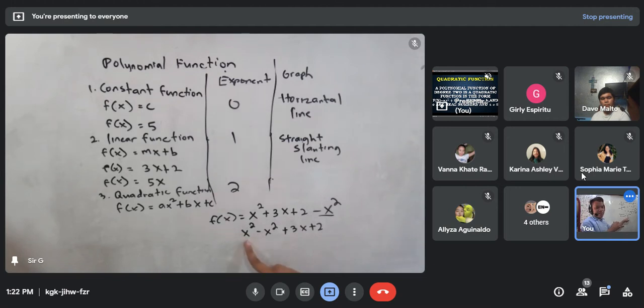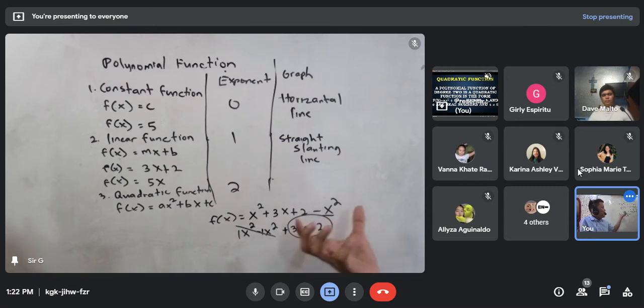Kapag x lang, meron yung invisible na 1. So 1 minus 1 is equal to 0. So, itong x squared na to, makakancel na natin yan. So, ano na lang ang natira? Yung 3x plus 2. So, is it quadratic, linear, or constant? So, that is a linear. So, very good. Kumbaga, hindi siya quadratic kasi nga, kapag sinimplify natin siya, makakancel yung x squared. So, ang matitira na lang natin is si 3x plus 2.